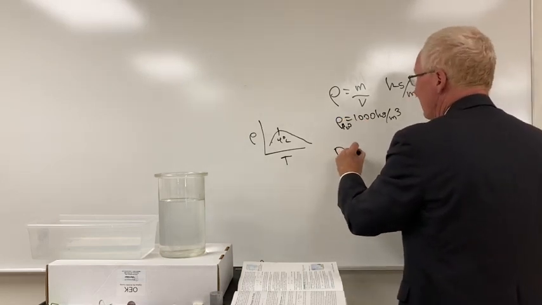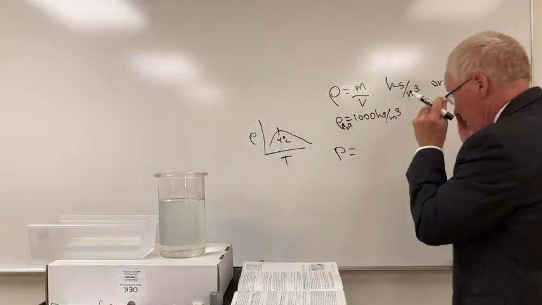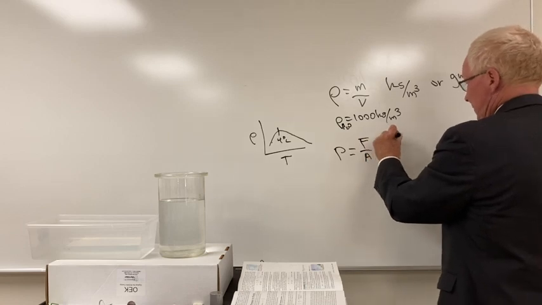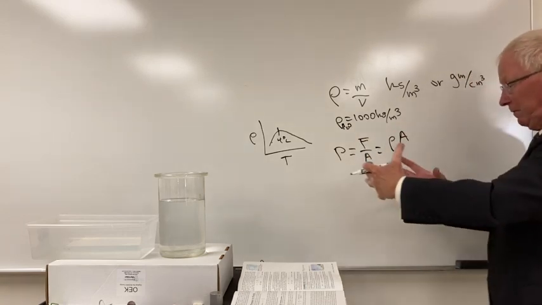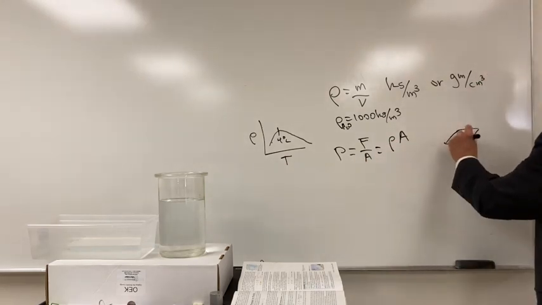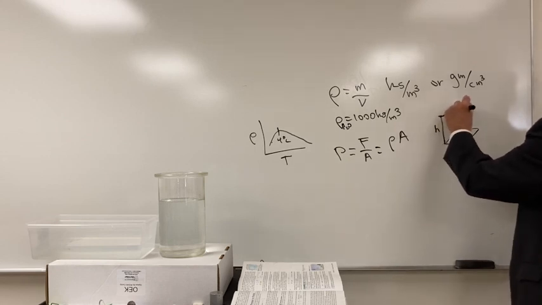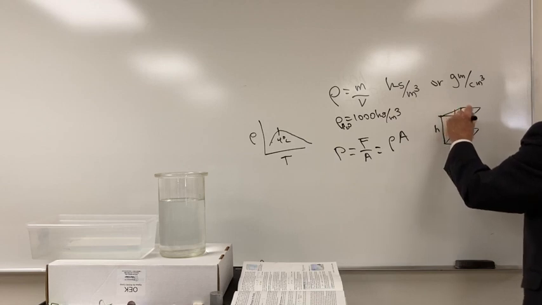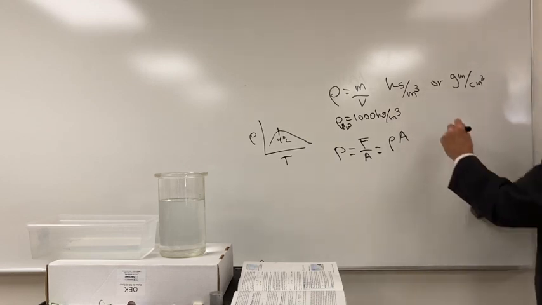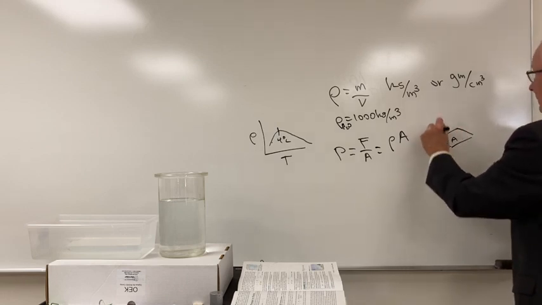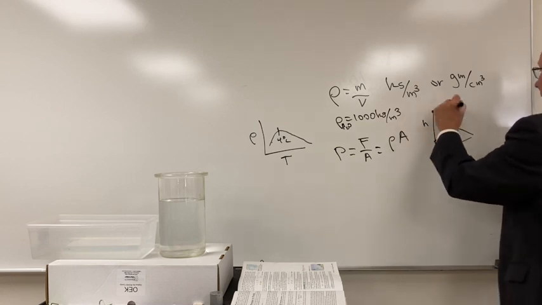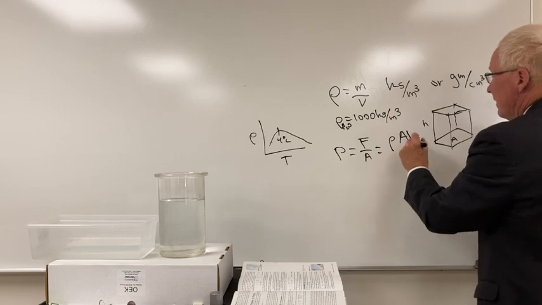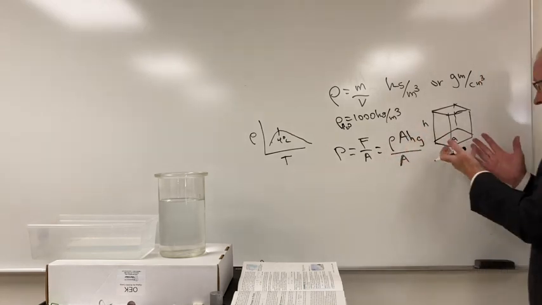And if you look at the pressure, pressure goes as force over area, which for water, if you have a certain volume, is the density of water times the volume, which would be the cross-sectional area, A, times the height, the depth of the water, times g, over the cross-sectional area.